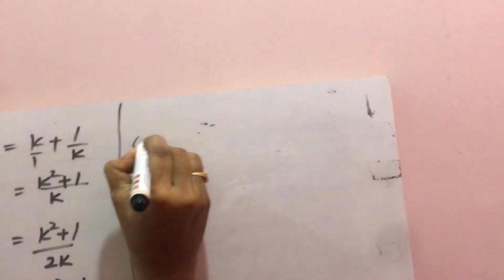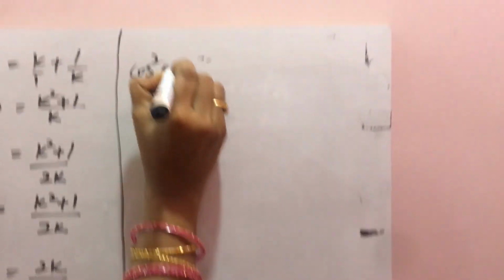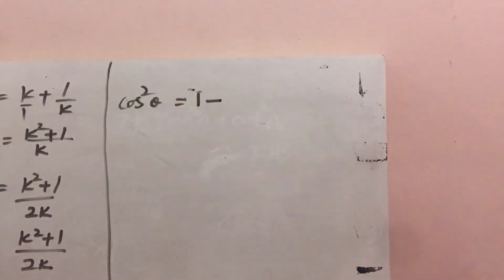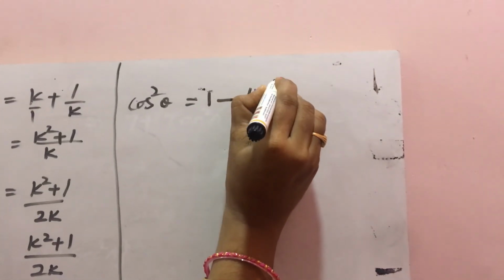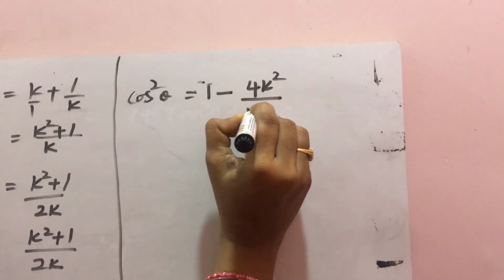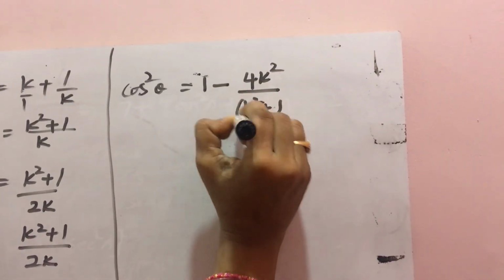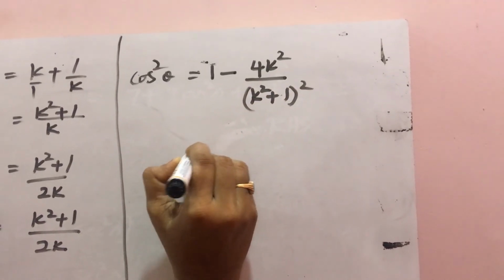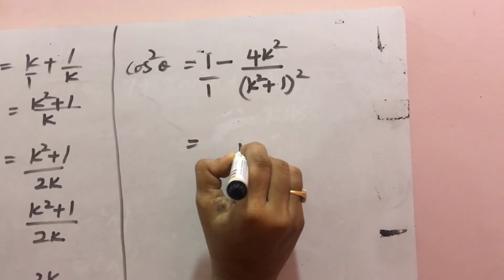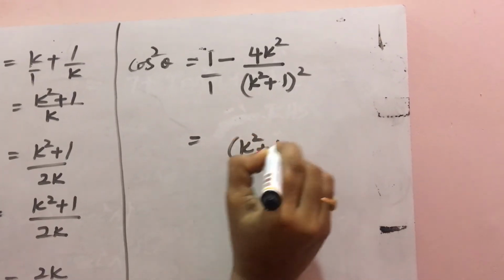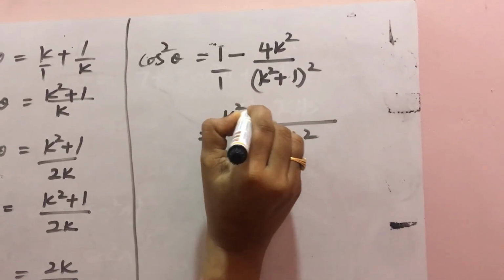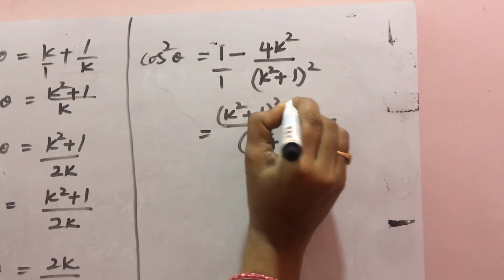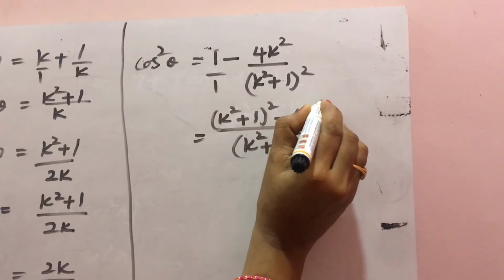Or we can write cos square theta is equal to 1 minus, if we take that side, it will become minus 4k square by (k square plus 1) whole square, which is equal to, LCM is (k square plus 1) whole square. This is (k square plus 1) whole square minus 4k square.